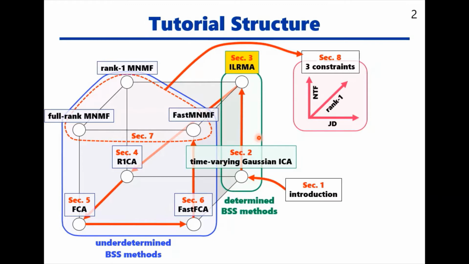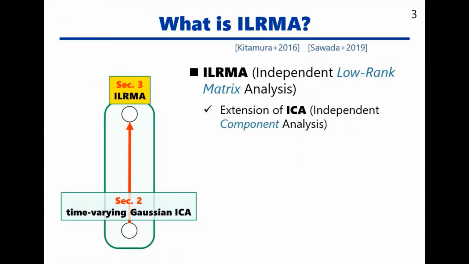If we zoom into the determined BSS again, we have time-varying Gaussian ICA explained in the previous section, and ILRMA presented in this section.